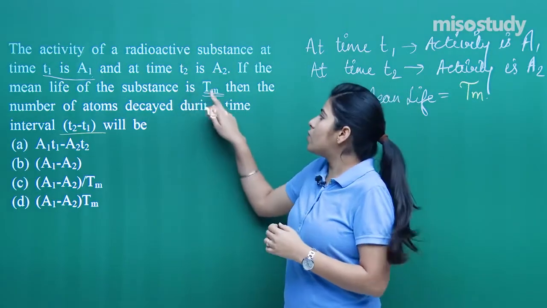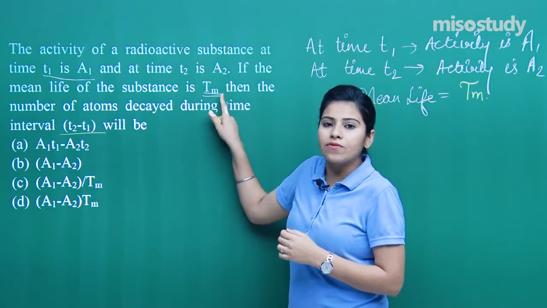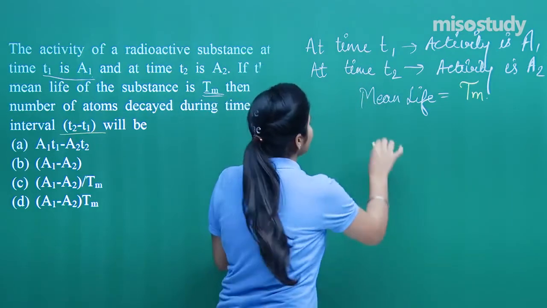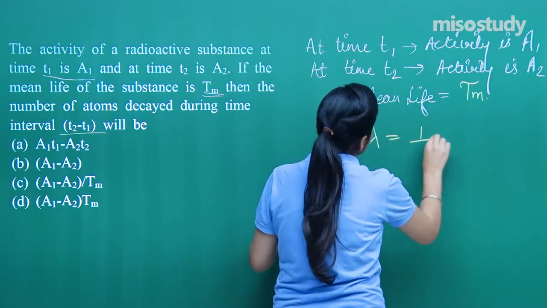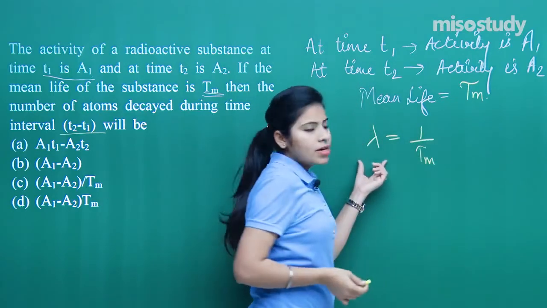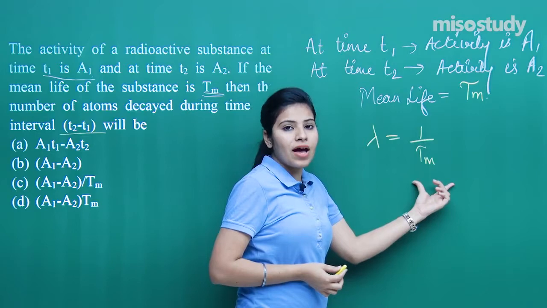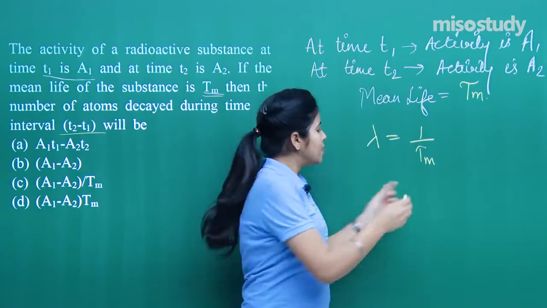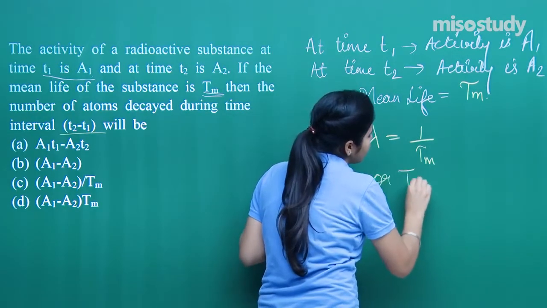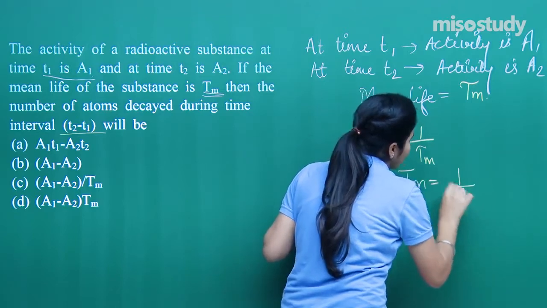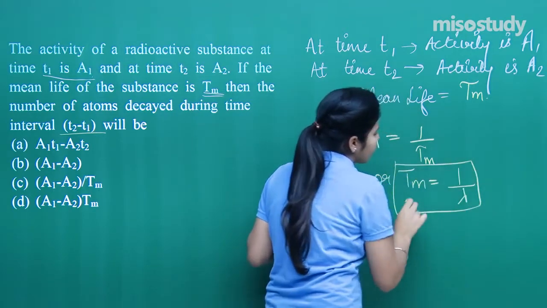Because here what has been given? The mean life. And you know that if the decay constant is lambda, you can represent the mean life as its reciprocal. That means the reciprocal of the decay constant is your mean life.